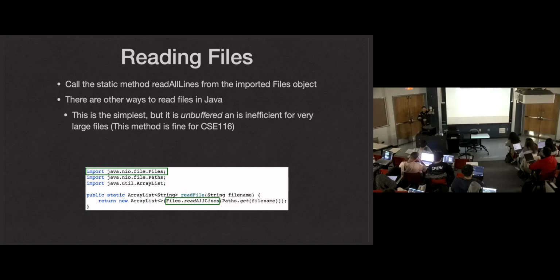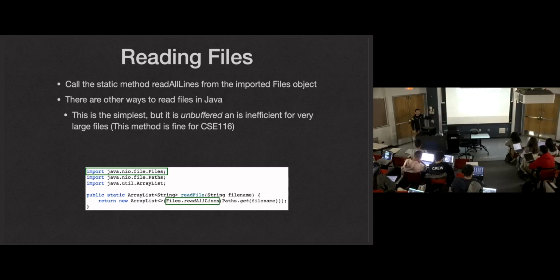So buffered versus unbuffered. This is an unbuffered file read. readAllLines literally does what it says. It goes to this file and reads all of the lines and returns a data structure containing every single line of that file. And it assumes the file is a text file, for what it's worth. So we're going to read all of the lines and load every single line of that file in memory, which is going to be fine for our purposes.